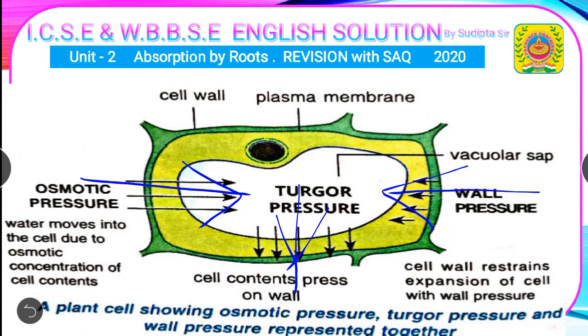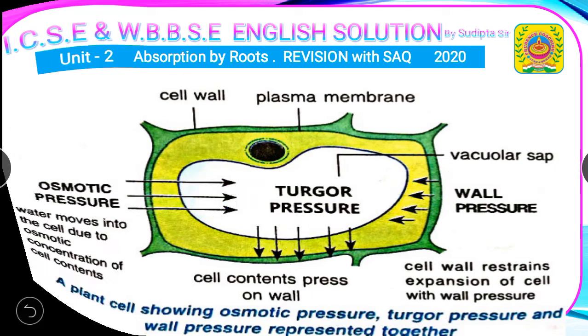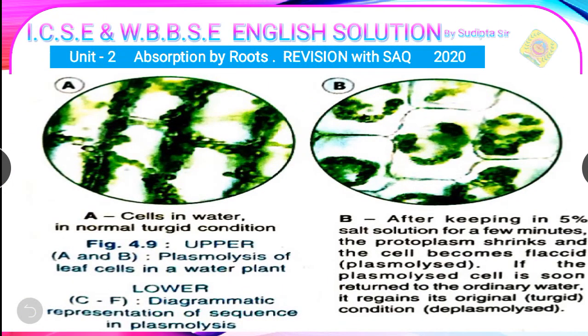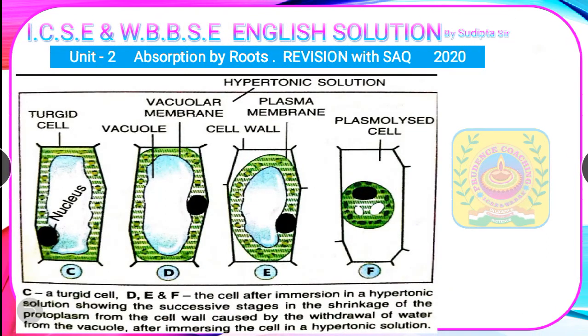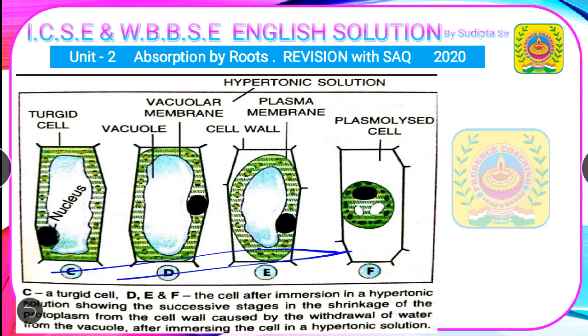So this whole picture shows the three things: the osmotic pressure, turgor pressure and wall pressure. You can just have a look for better understanding. Now this picture clearly depicts a turgid cell itself. You have to memorize this picture for your exam.